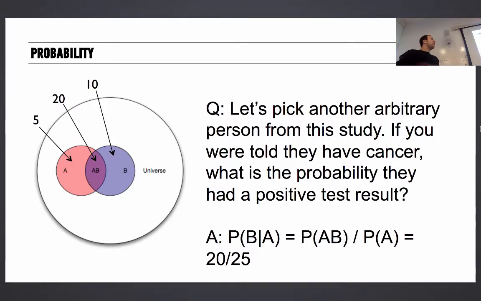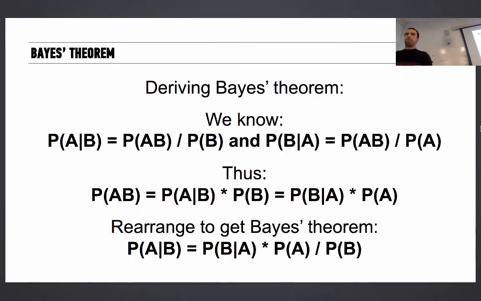We now have enough information to derive Bayes' formula. I'm going to write it all out so it's not all in computer speak. Bayes' formula goes in the following way. It's quite simple. All we have to do is assume these two things.